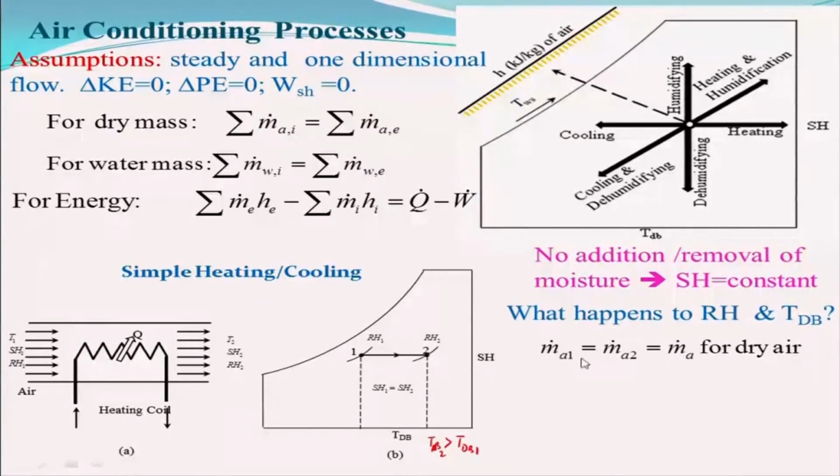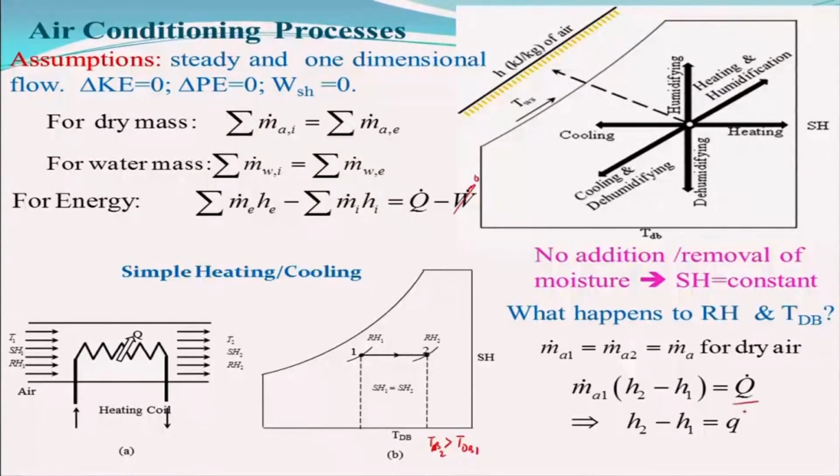You can do this analysis. The mass is conserved for this process, mass of dry air, and water also is conserved because you are not adding anything. If you do an energy balance, there is no shaft work here. So therefore, m dot A (H2 minus H1), because you are not adding any water, so only air will be there, is equal to Q dot.